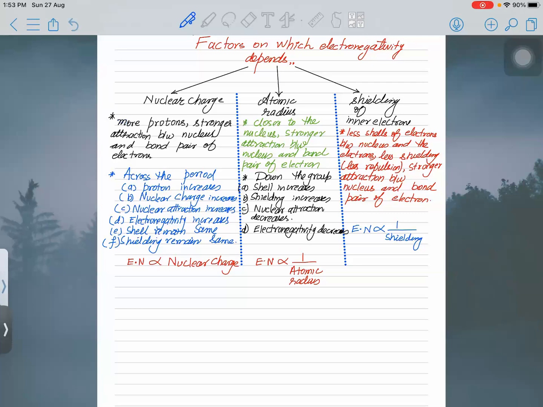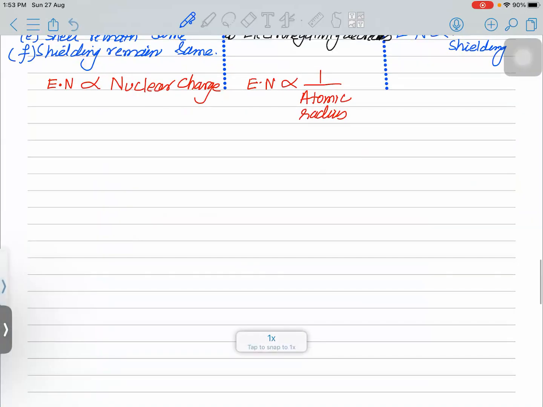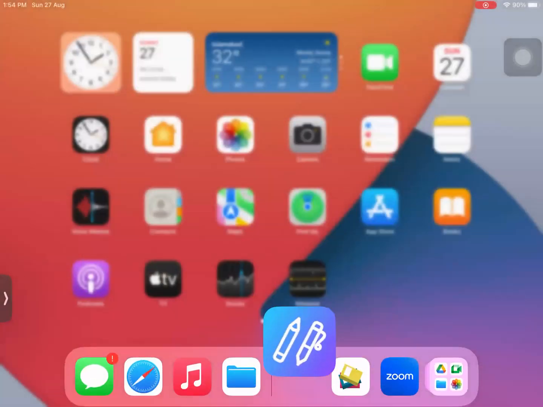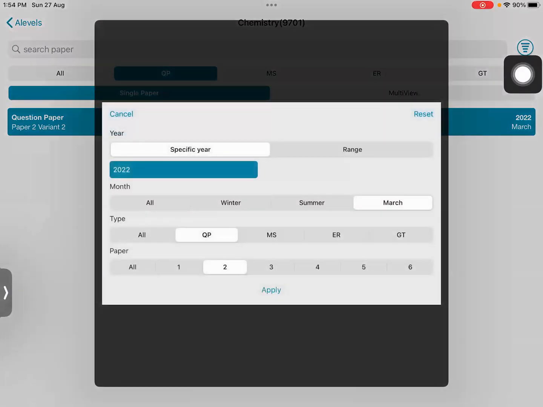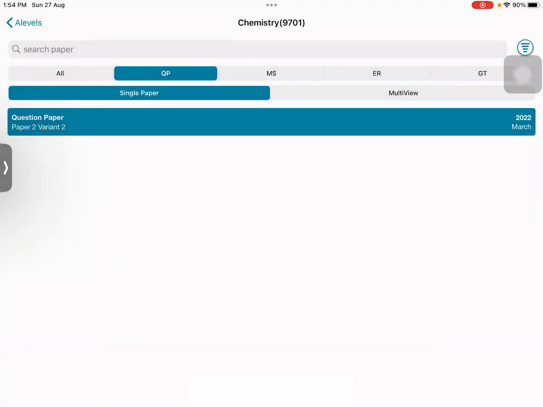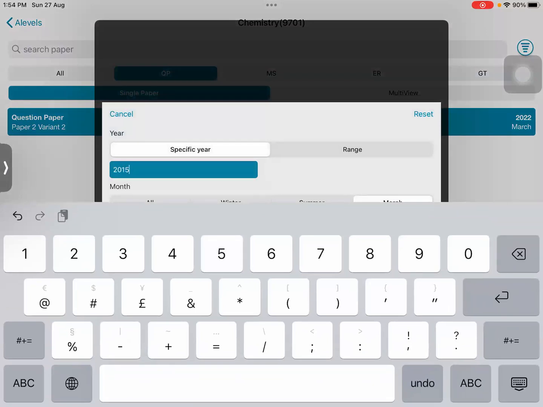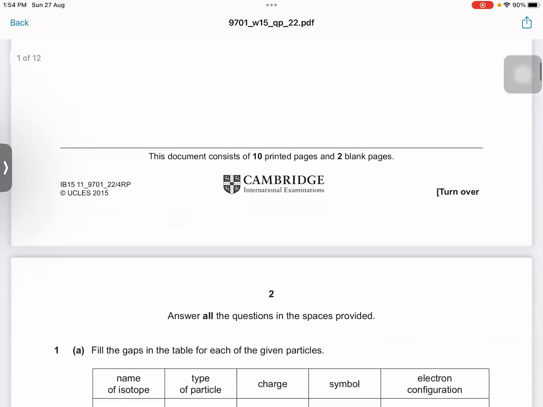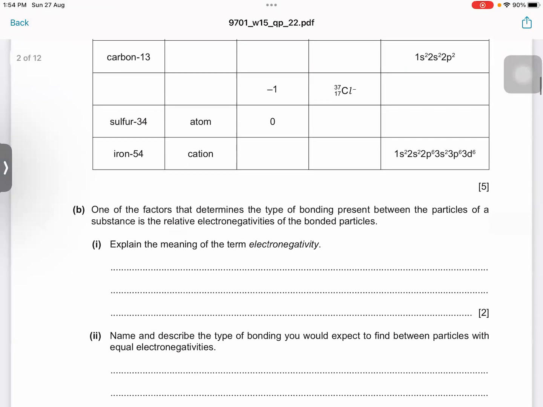Okay, now 9701, variant 22, October/November 2015. Question number 1.